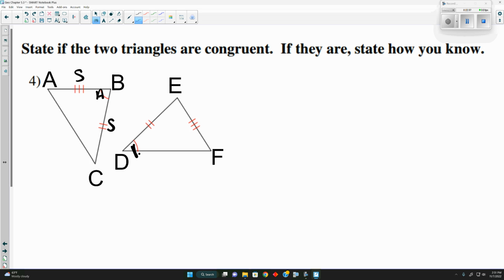Here we have an angle that isn't between them. They don't match up, because if they were to match up, they'd either need to both be SAS or both SSA. Either one, we would need them to be the same. So which angle would we have needed? E, because we need it to be the angle between the two sides. Questions on this here?